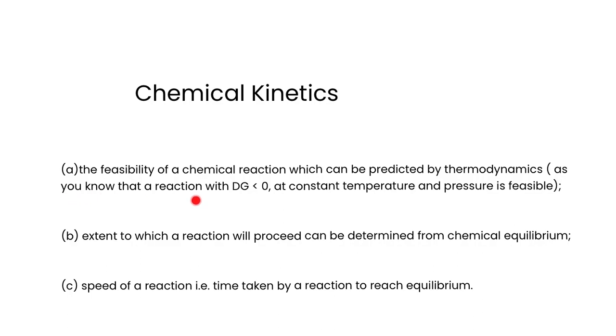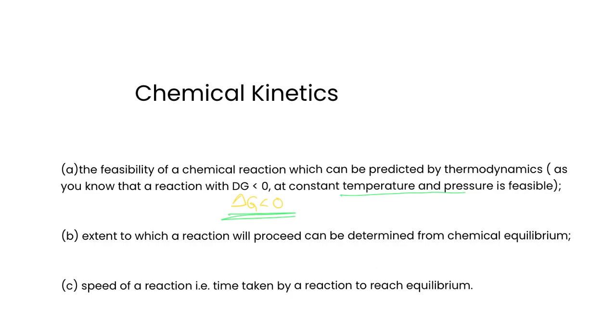You know that for a reaction, delta G less than 0 is feasible at constant temperature and pressure. So delta G less than 0, that is negative, is a spontaneous reaction, and the reaction is possible to convert into product. That indicates the reaction is feasible.